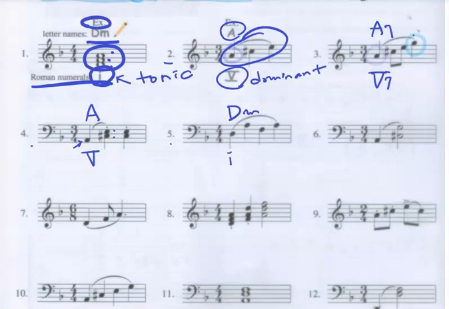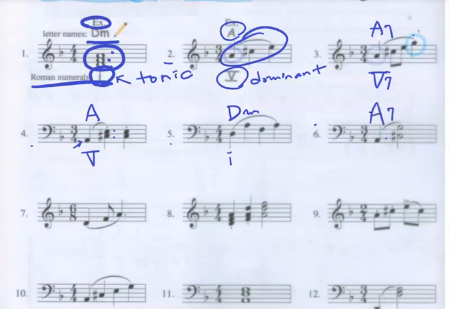Let's move to number 6. Okay, what is the first note here again? It's the same first note as number 4. So, okay, the first note is A, and C sharp, and G. This is A7 chord, right?